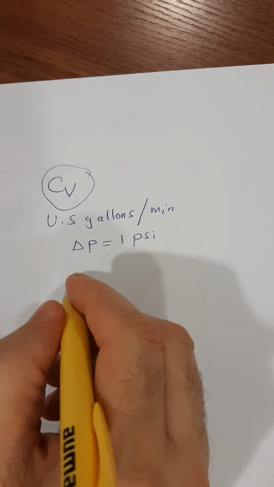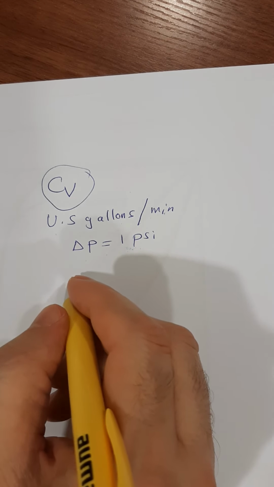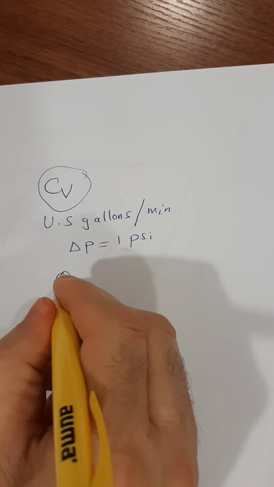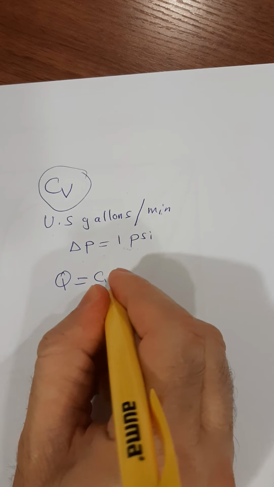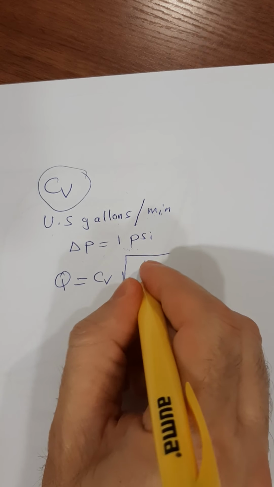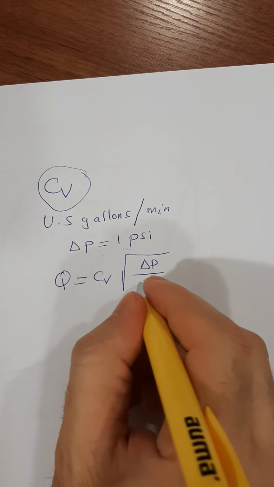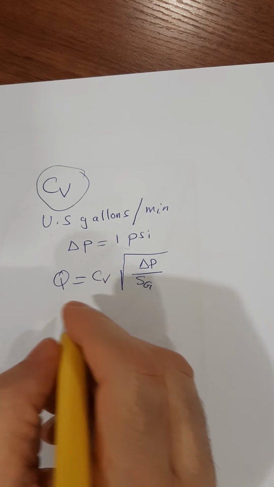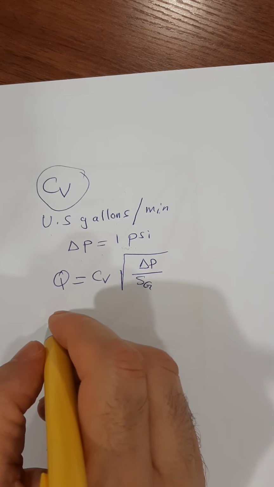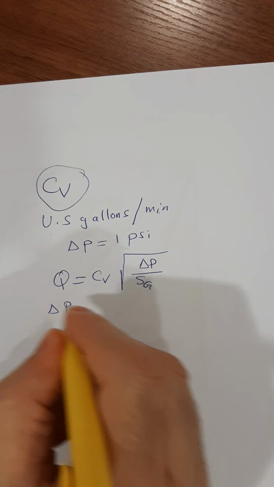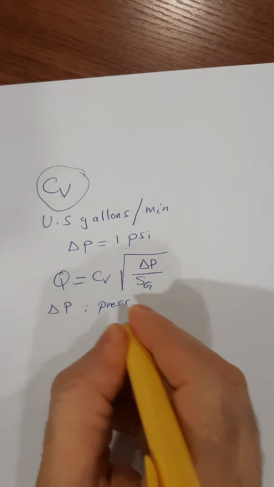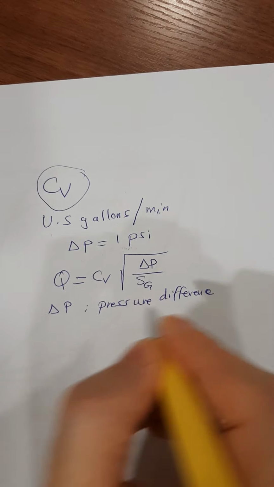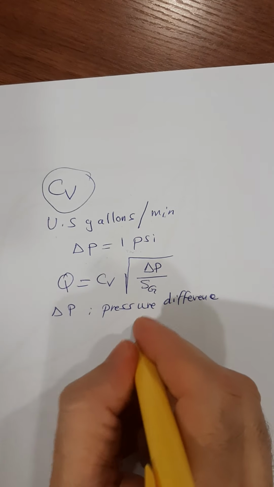So we have this very important relation: Q is equal to CV times the square root of delta P over SG. Again, delta P is the pressure difference, in psi.